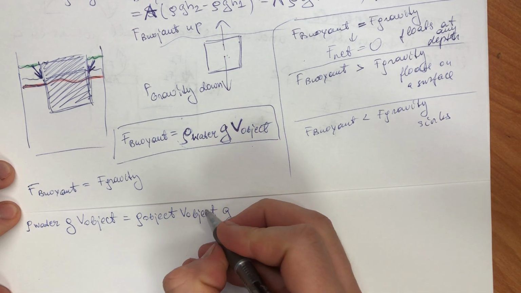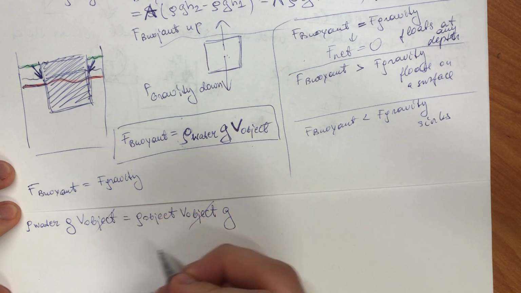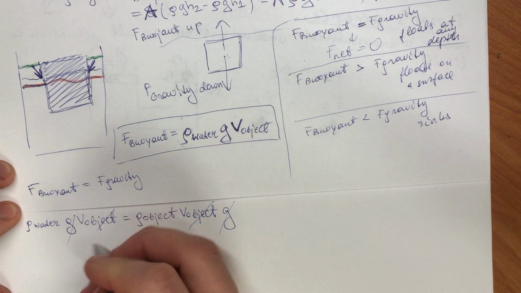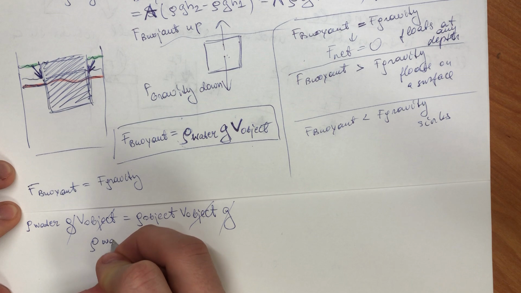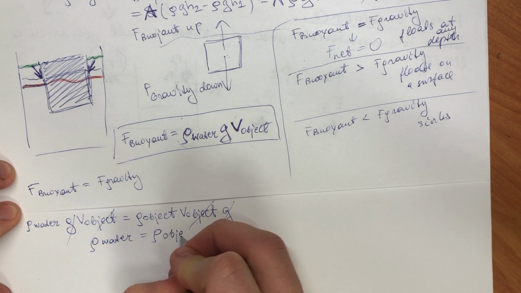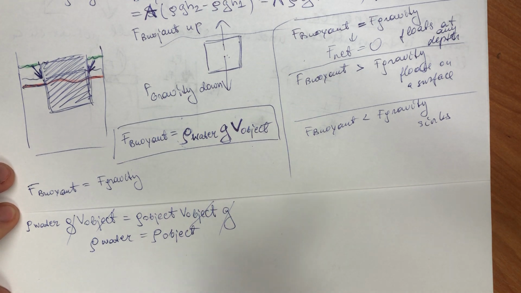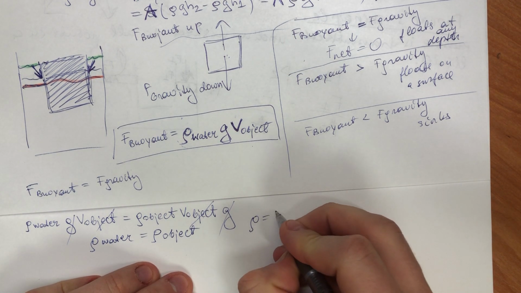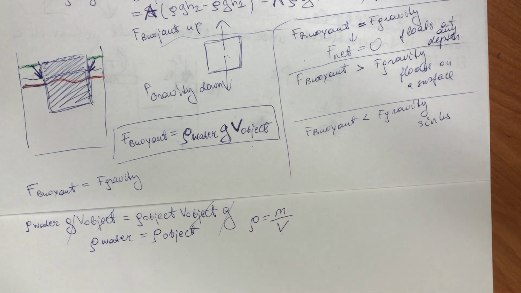So we can cancel out V object and g, and we see that rho water is rho object. So it means densities matter, because densities incorporate volume, since density is mass divided by volume.